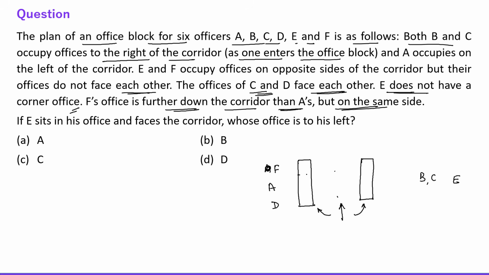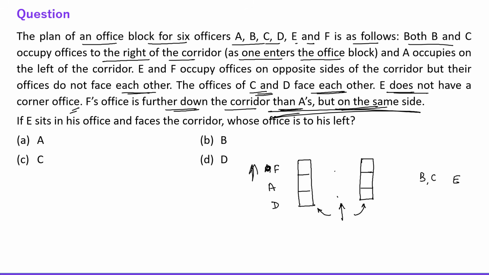See everyone, now we have cracked it, no problem. E is sitting on the right side, that is for sure, because F is sitting on the left side, because A and F are on the same side. The question says A and F are on the same side, so both are sitting on the left, and E and F are not facing each other, but they are opposite each other.